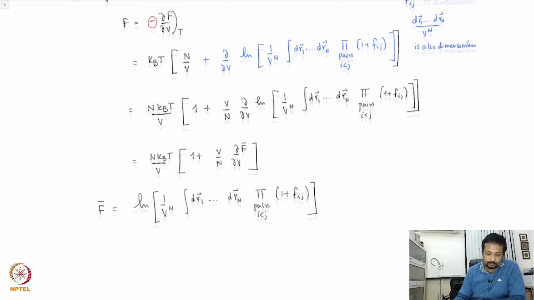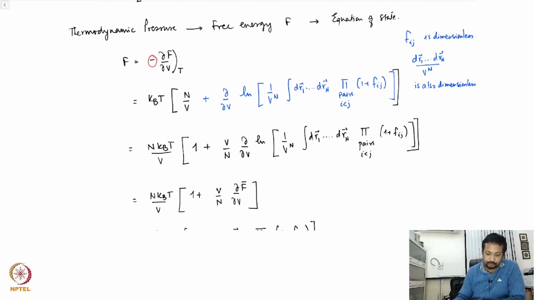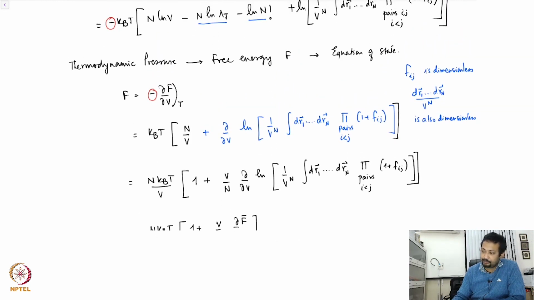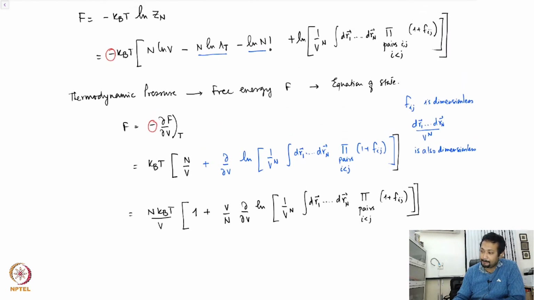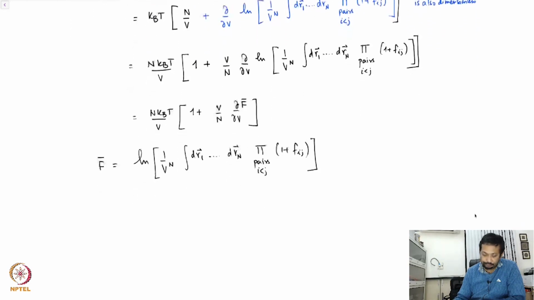Let's see, did we do anything stupid over here? Did we miss any n factorial? I think this is fine. In fact, we can keep this V and absorb the n in F bar.